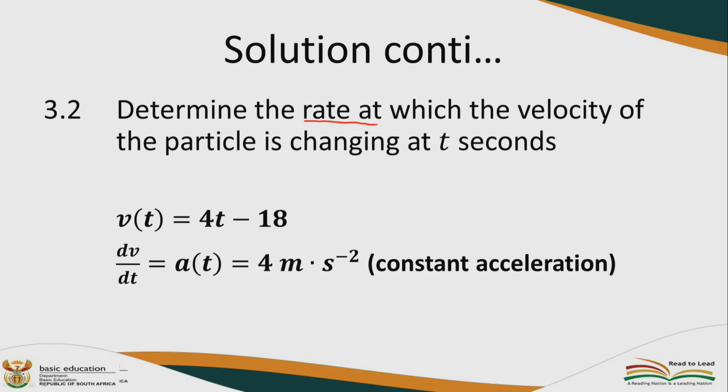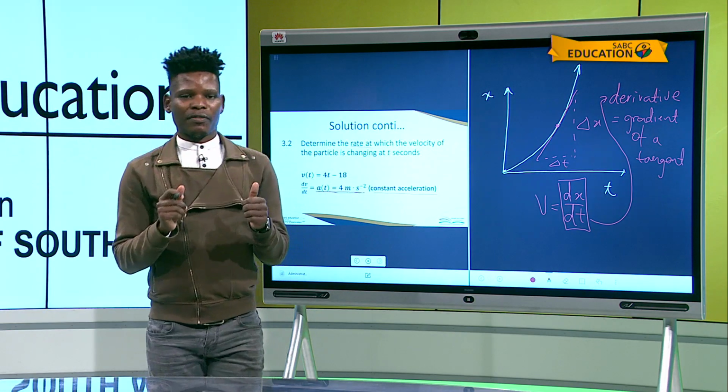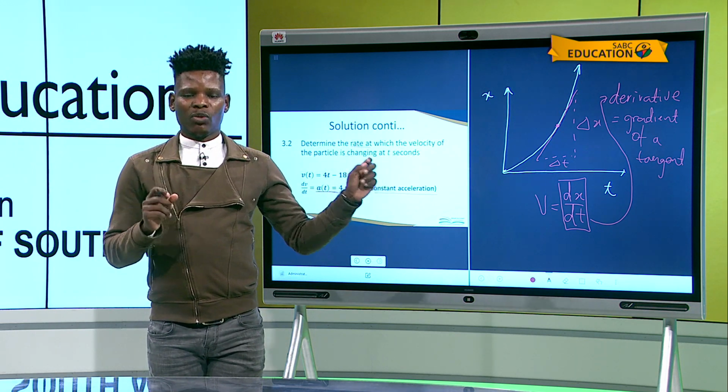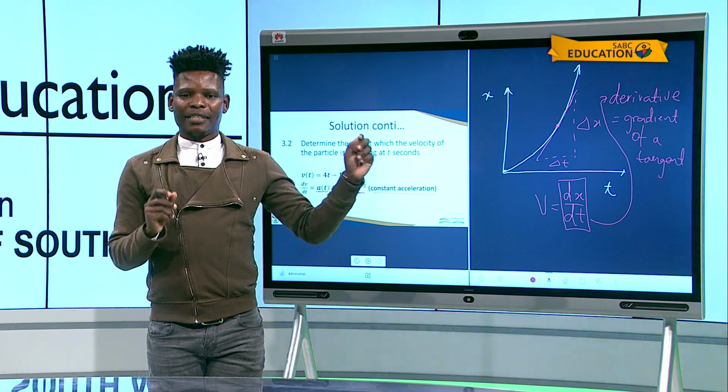So you will realize that this expression is not a function of time. Since it's not a function of time, it means that we have constant acceleration. So now I want us to also look at the sign of our acceleration. The sign of our acceleration is positive. And if we compare it to the sign of our velocity, you can clearly see that the signs are different.